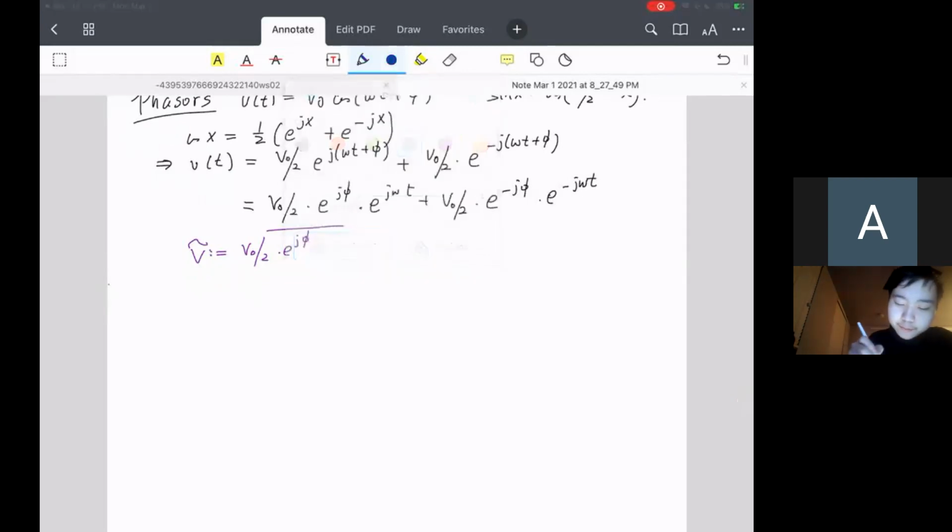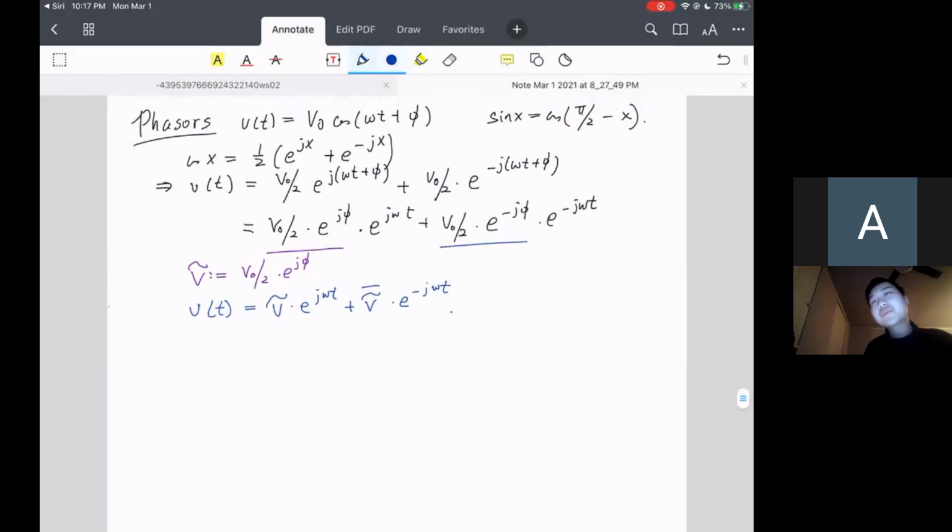And then we put it back to see that the original V(t) is equal to V tilde times e to the j omega t plus, because we notice that this is exactly the conjugate of V tilde, V tilde's conjugate times e to the negative j omega t.